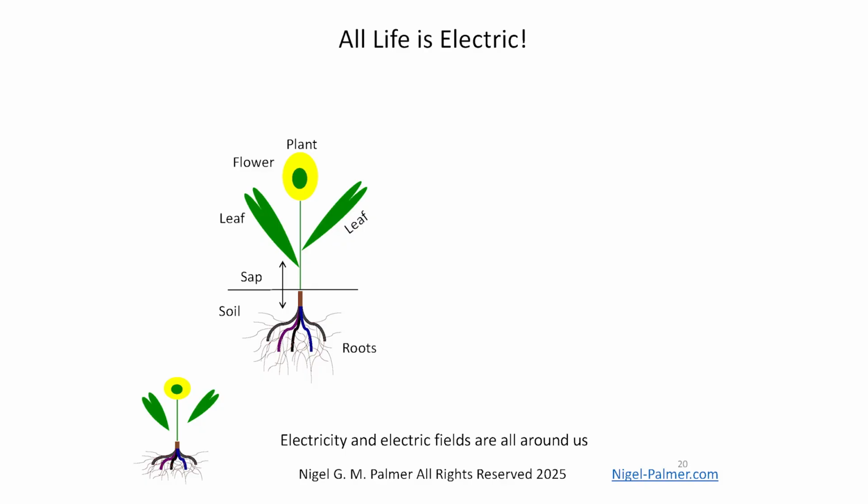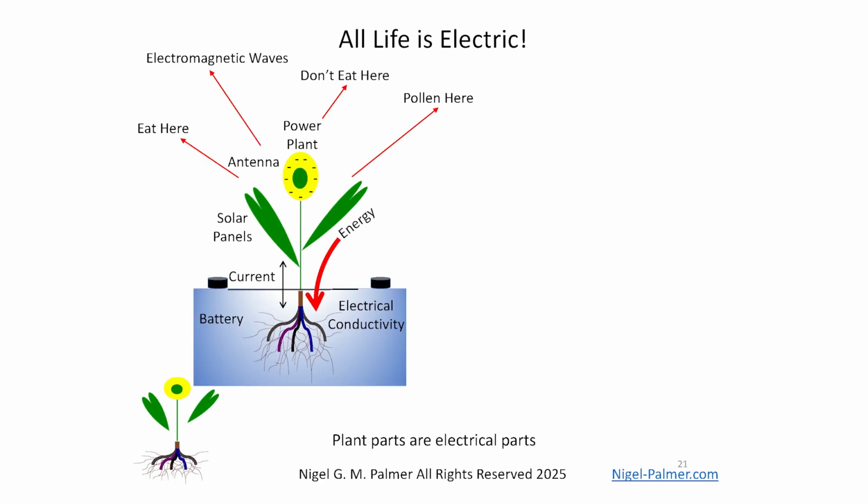So these are the labels that we put on plants. We say plants have flowers and leaves and roots. There's a whole other language I'd like you to think about. The next time you look at your plant, think about it being a power plant.